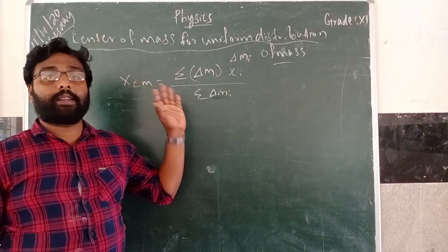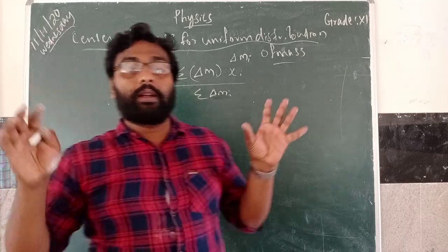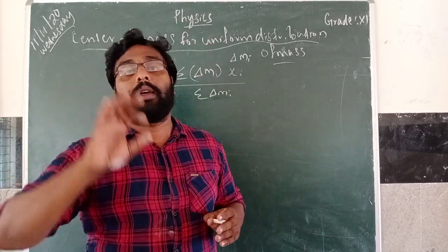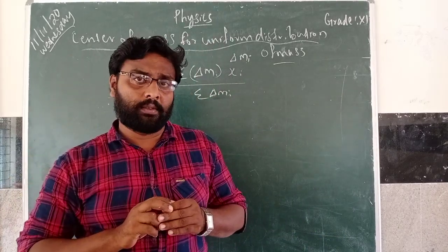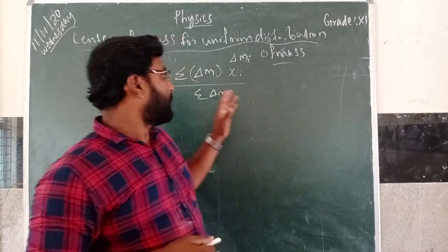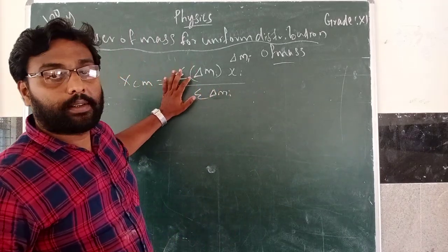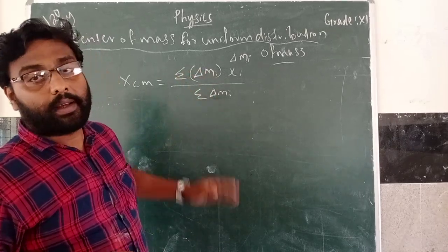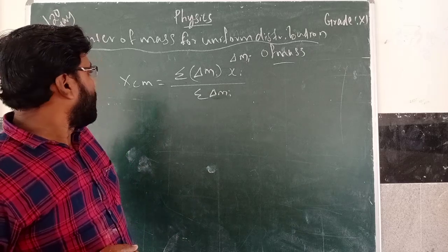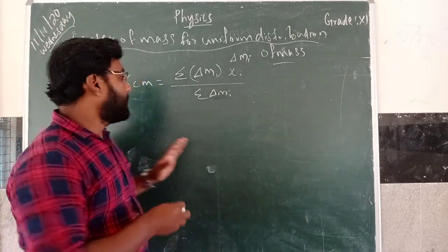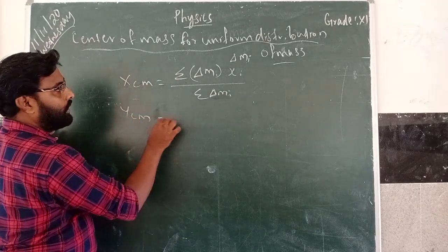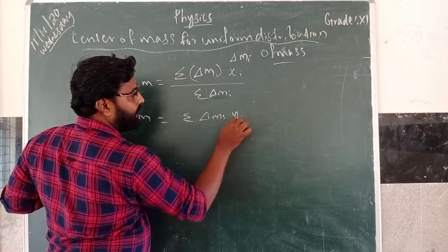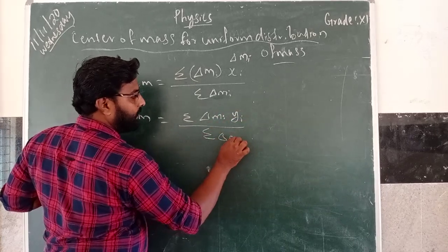So if it is along the x-axis, from that bulk body which you have distributed into small point masses, you can use this formula, summation delta mi xi by summation delta mi. And if it is the y-axis, you can choose summation delta mi yi by summation delta mi.